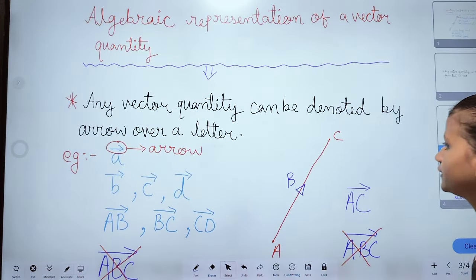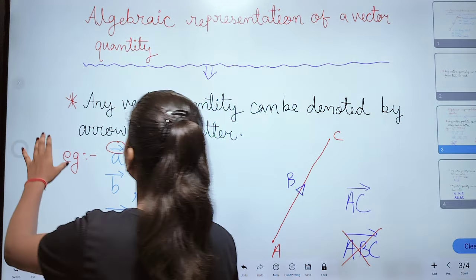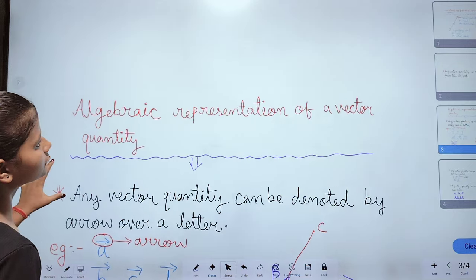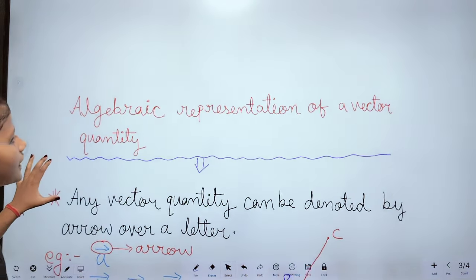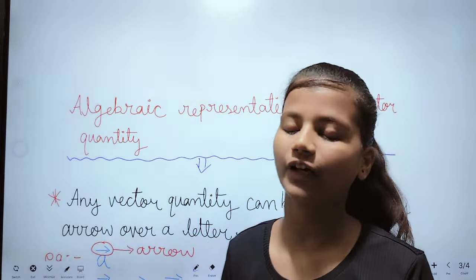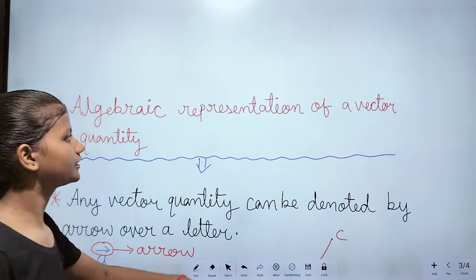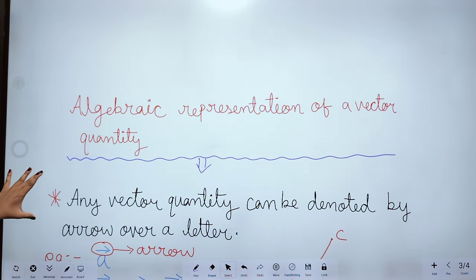And after that we discussed the algebraic representation of a vector quantity. Okay, how we represent a vector quantity in the form of algebra. Okay.